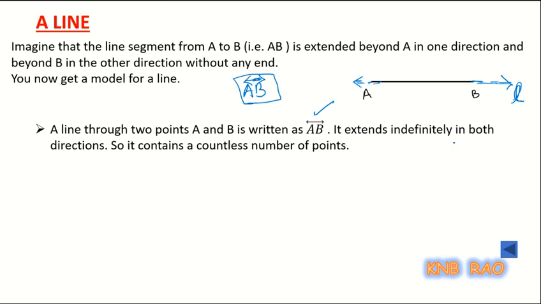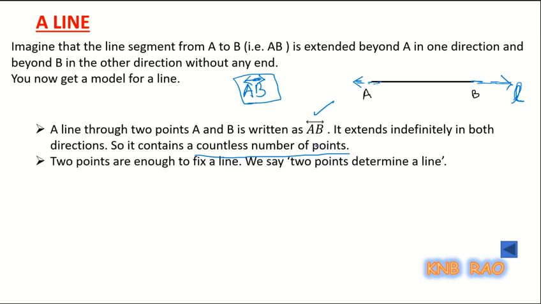It extends indefinitely in both the directions, so it contains a countless number of points on it. So 2 points are enough to fix a line. So 2 points are enough to say the name of the line. That's what we say, 2 points determine a line.